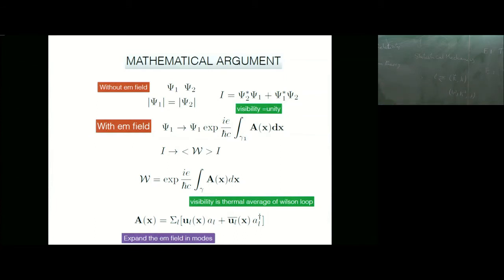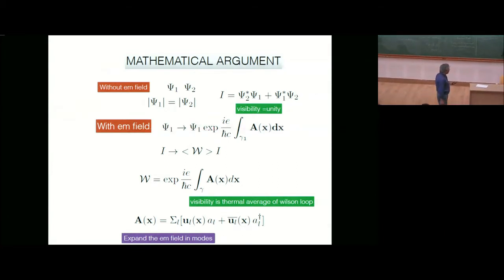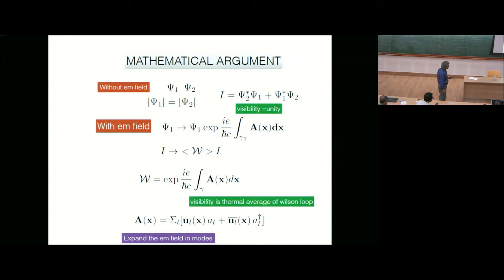So you do this mode expansion of A in terms of these modes, which are just, for the moment, think of them as just e to the power of ikx. And these are the creation and destruction operators for the corresponding mode. Essentially, I'm working in the one electron sector of QED. That's where the action is.